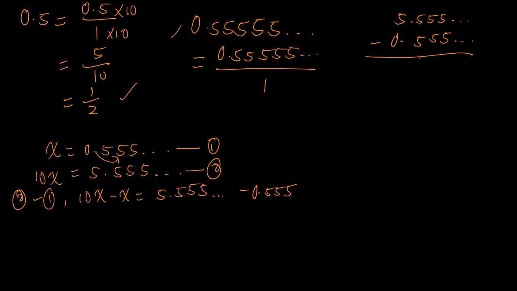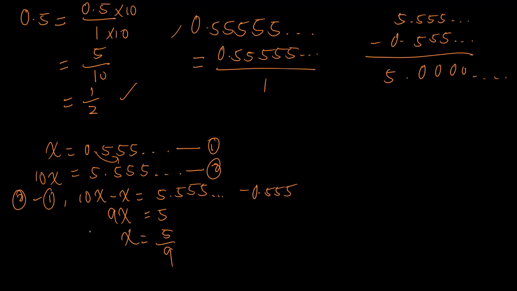So what we can see is that all these 5 will be cancelled by each other and we have 0, 0, 0 at the back. Since all of these are 0, we can actually ignore it, and what we have in remaining is 5. So here you will have 5 and here you will have 9x. So now expressing it in terms of x, we will have x equals 5 over 9.